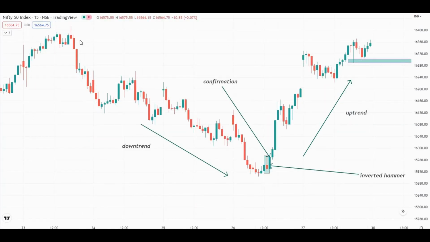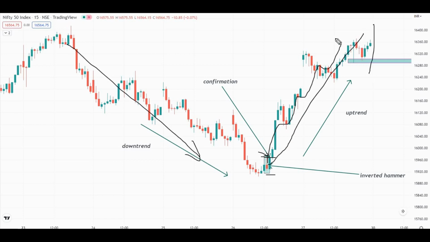See, proper downtrend, lower high, lower low, lower high, lower low. Then see the selling pressure slightly diminishing. Then we saw an inverted hammer, confirmation, buy entry, SL, huge upside movement. So from a downtrend it has changed to an uptrend.